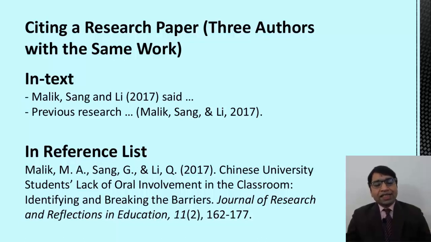It is almost all the same, but there's a very, very slight difference. That is, before the and sign, even in in-text citation, you are going to put a comma, right? Okay, the rest is actually the same. I'm not going to explain it further.